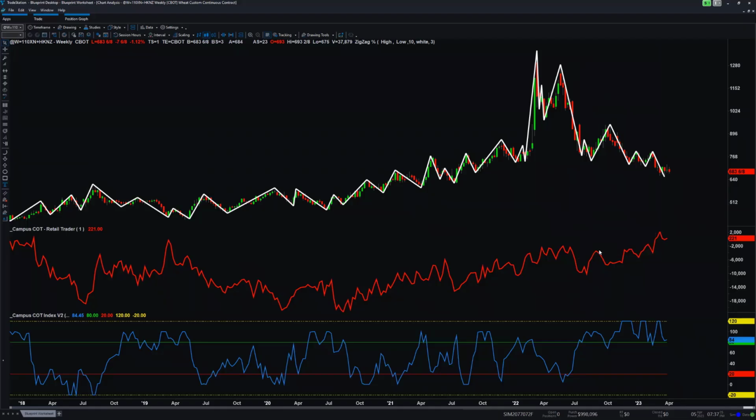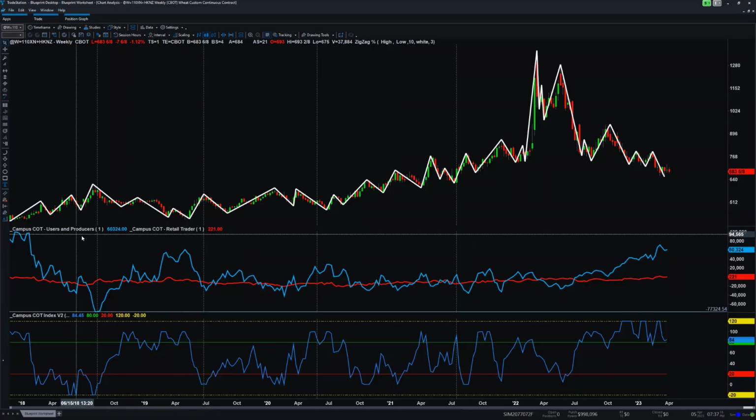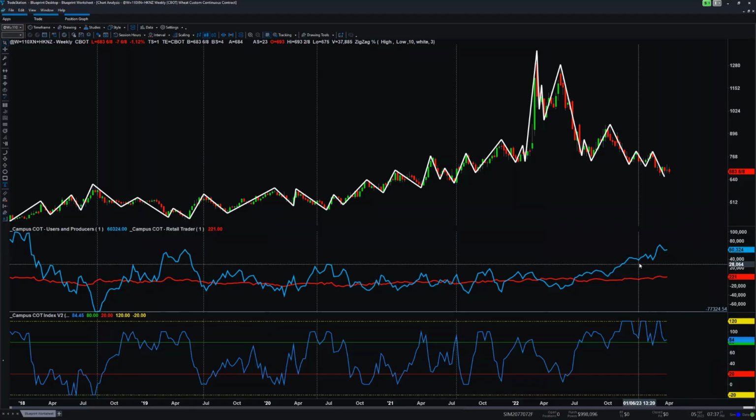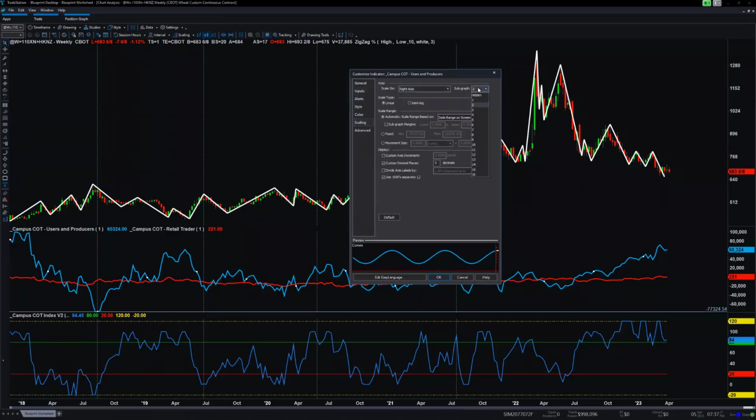And then I could say, well, what are the users and producers doing? If you ever get that they are overlaying each other, right? That they're put in the same category, in the same graph here, then what you can do is you can double click on either of them. You can go to scaling and you can put them into another subgraph.